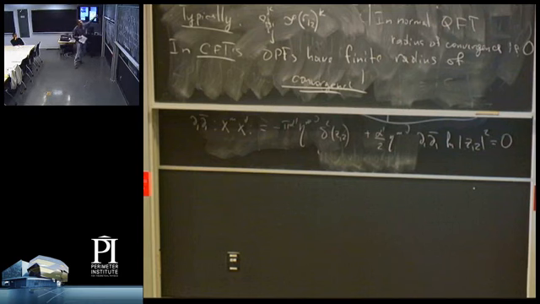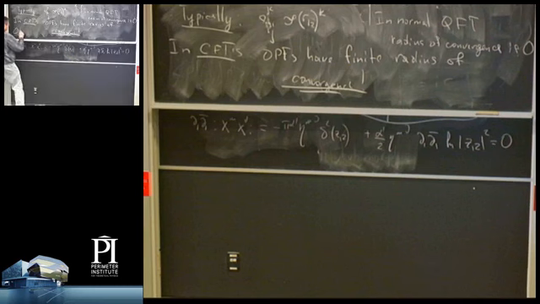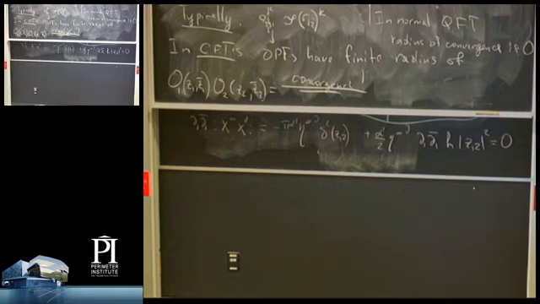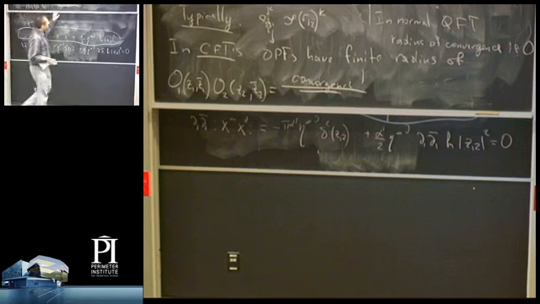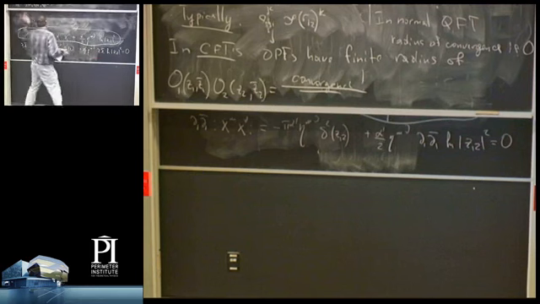So, for example, if I look at the OPE of two operators, O1 of z1, z1 bar and O2 of z2, z2 bar, I want to write it down as an expansion in terms of some complete set of operators.